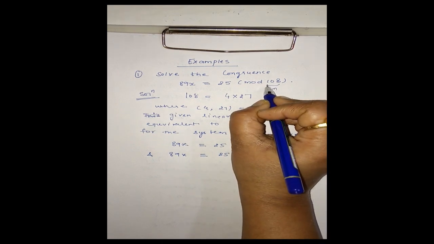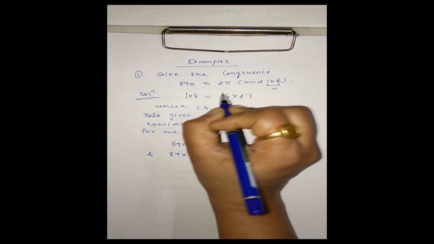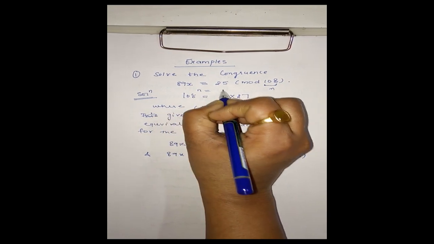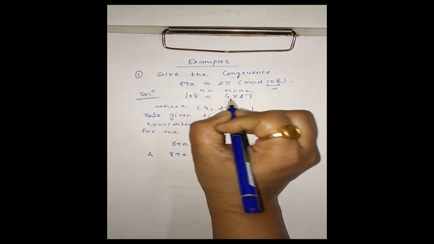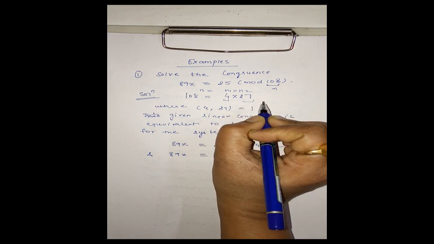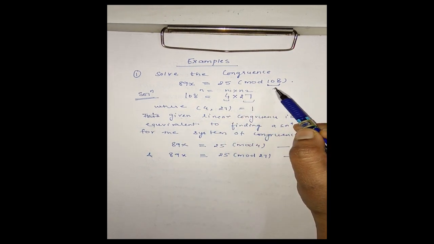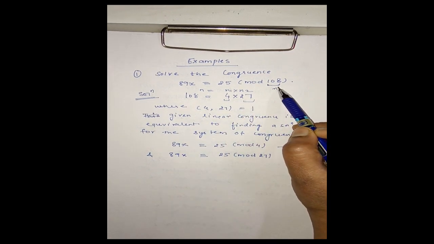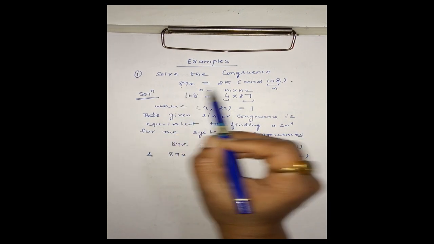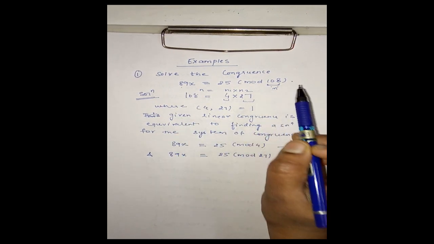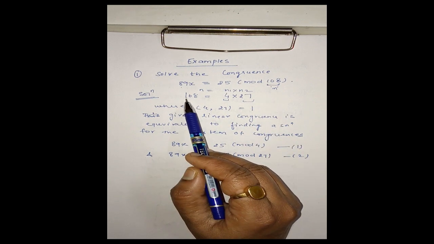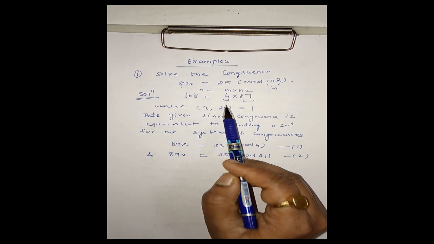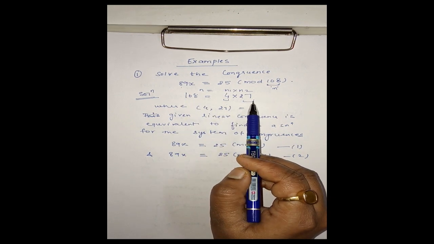Here n is 108, which is n1 into n2, where n1 is 4 and n2 is 27. We have n is 108, which is not a prime number, but GCD of 89 and 108 is 1. Now we are writing 108 as a product of two relatively prime integers, 4 into 27.